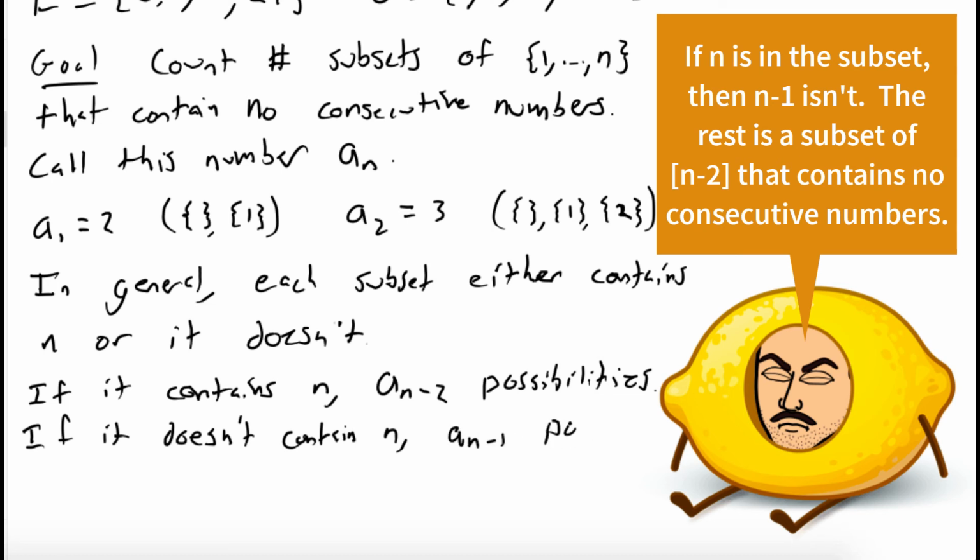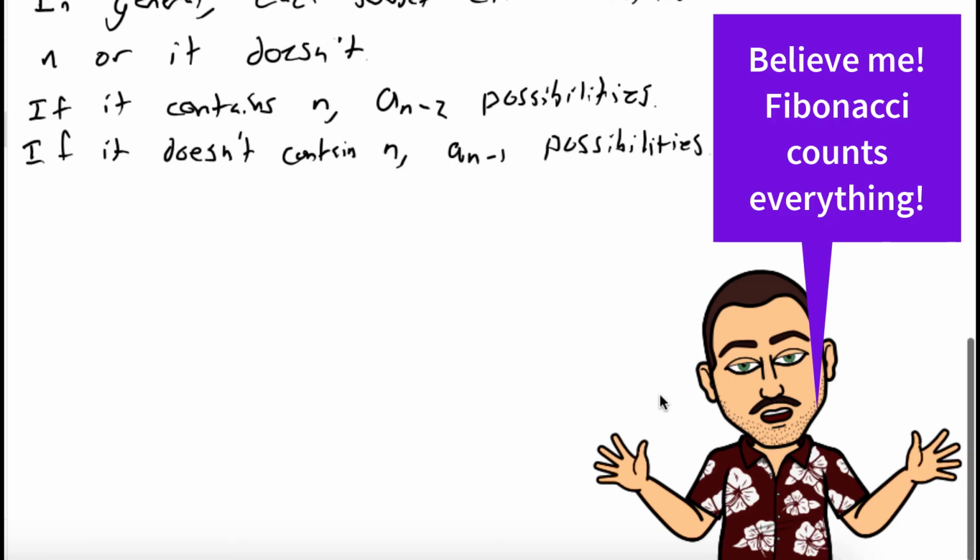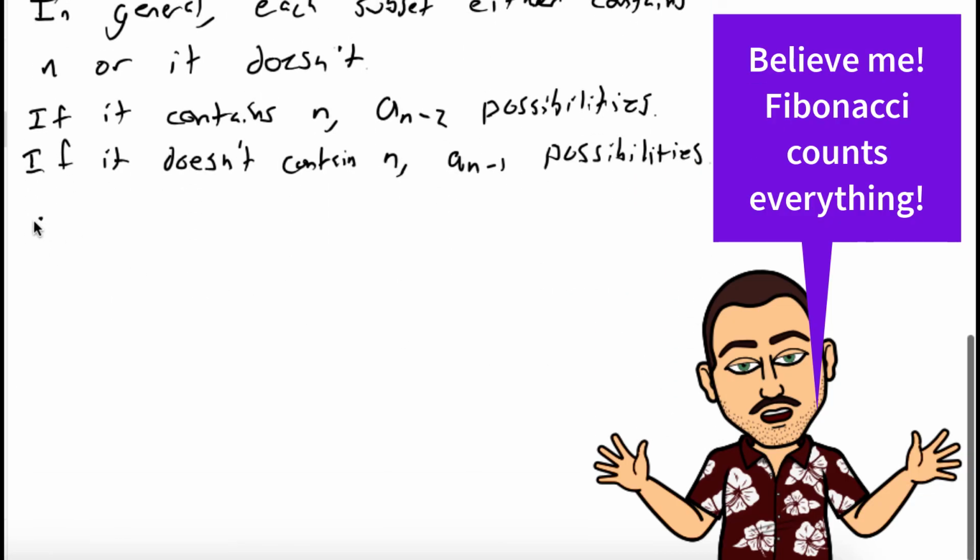So there's a sub n minus 1 possibilities. And these are disjoint, so we could conclude that a sub n is equal to a sub n minus 1 plus a sub n minus 2.